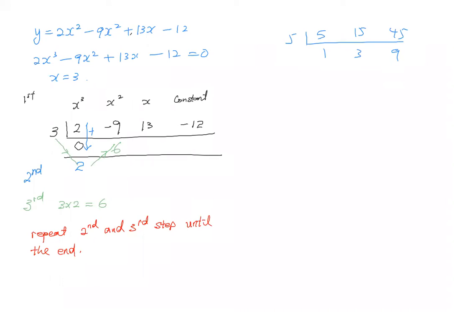I let you try first, then I show you the answer. See whether you understand what I mean by repeating second and third step until the end. At the end, in the negative 12 column, the last one, you will get 0. If you didn't get 0, that means something is not right.